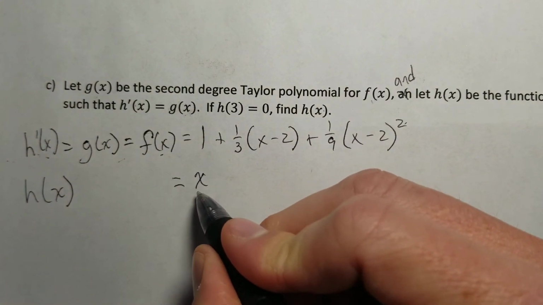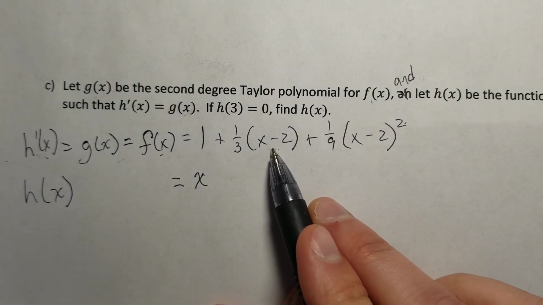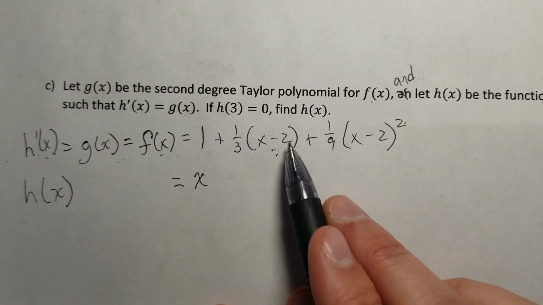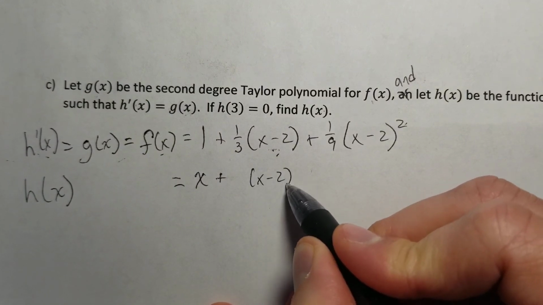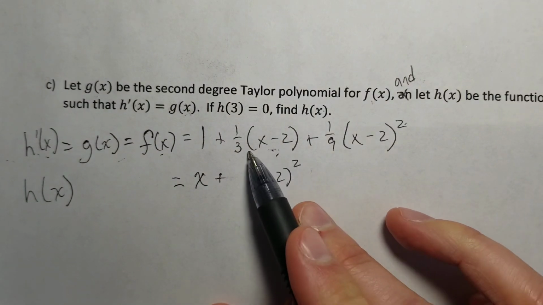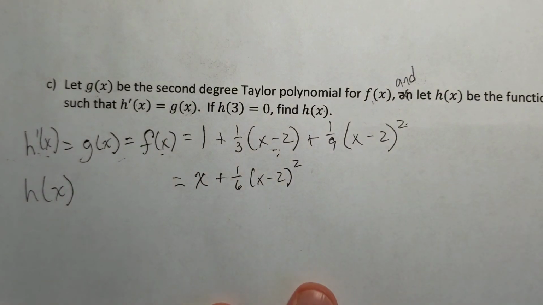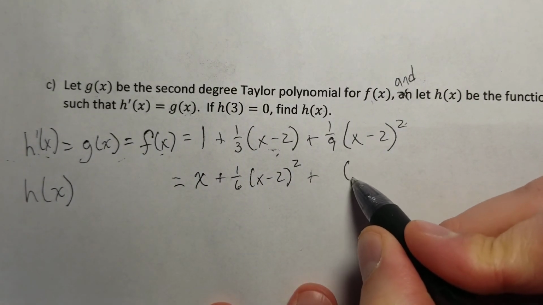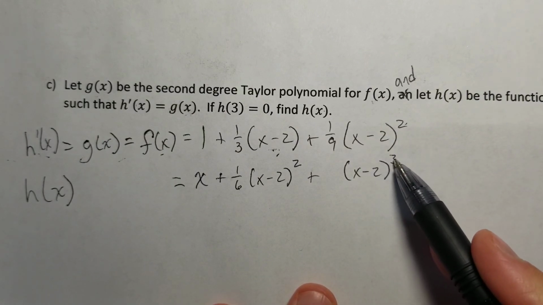Antiderivative of 1 is x. Again, since our chain rule is just 1 here, I think that I can add 1 and divide by the new exponent. So I think it'll be what? X minus 2 squared. Dividing by 2 is like multiplying by 1/2, so this will be, I think, 1/6 plus x minus 2 to the third, right? Adding 1 to the exponent.